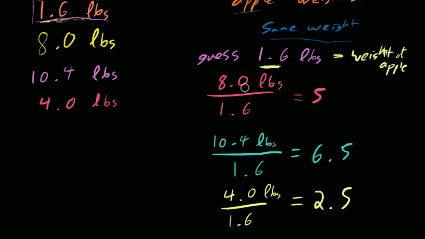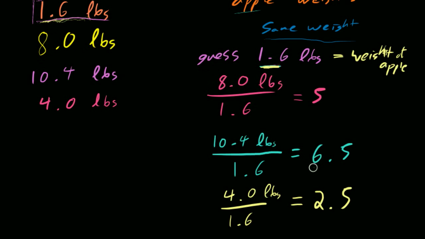And we ran into a problem because if we divide these other persons' weights by 1.6, if that actually is the weight of an apple, then we should get whole numbers back. There should be a whole number ratio between the weight of each of these baskets and the weight of one apple when we divide the weights by the weight of one apple.